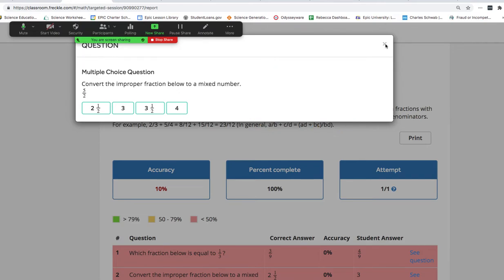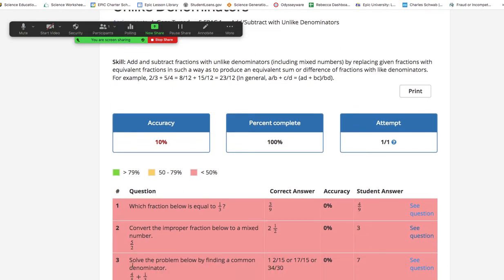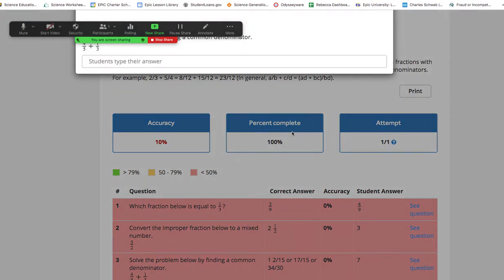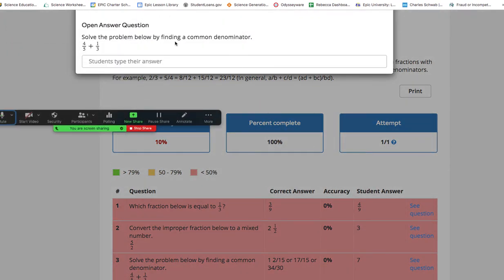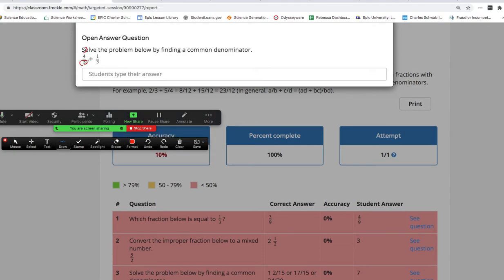So let's look at another one. Solve the problem by finding a common denominator. The easiest way to find a common denominator is to multiply these two by each other, this one by this one. 5 times 3 is 15.